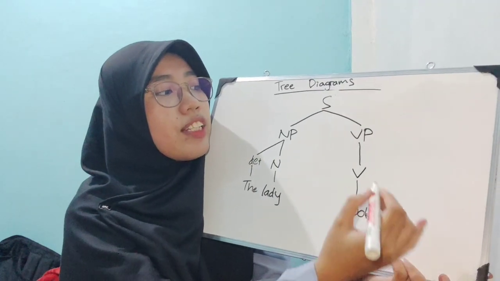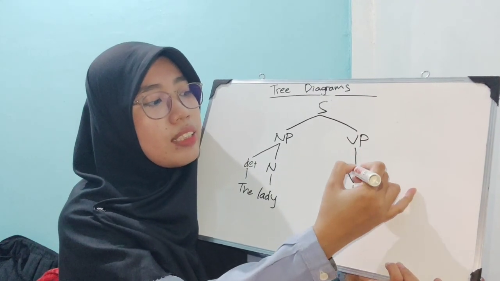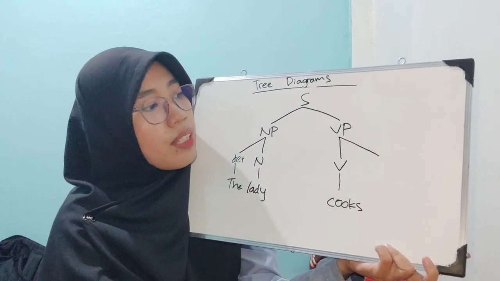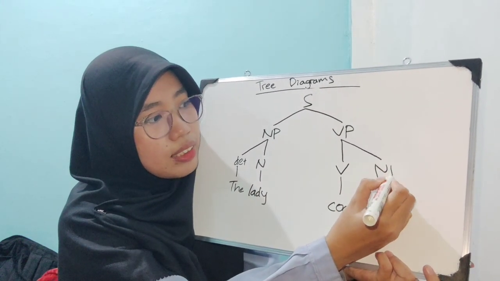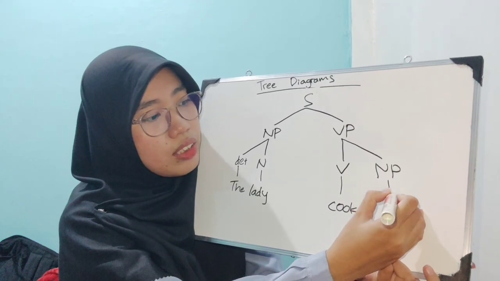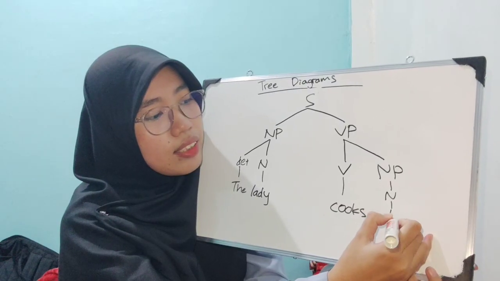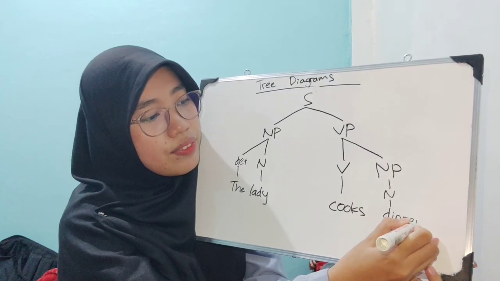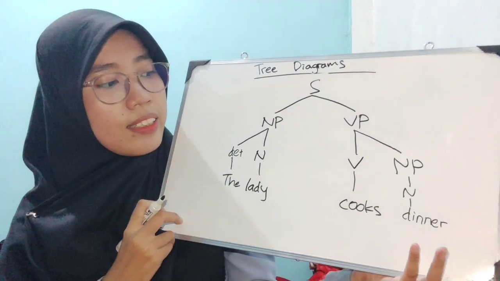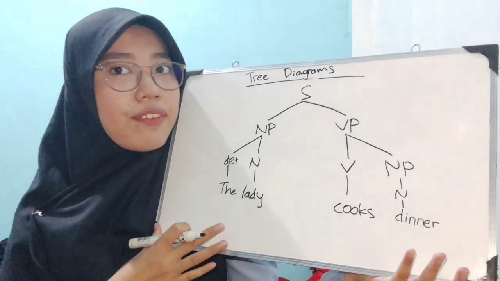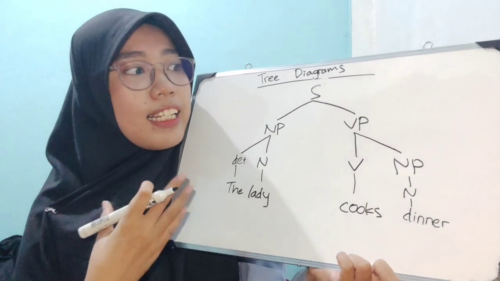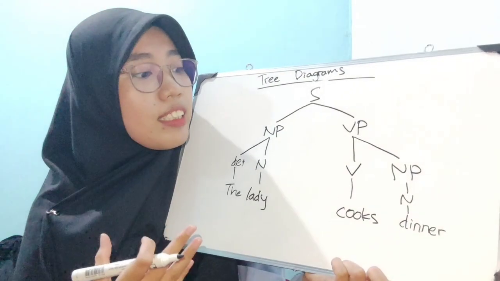So in the verb phrase, after the verb, we add a noun phrase, and the noun that I choose is dinner. The lady cooks dinner.